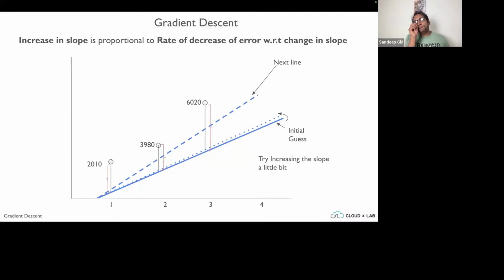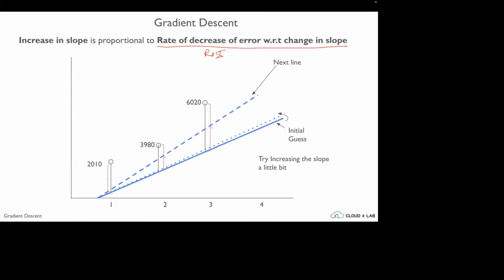Meaning, by increasing the slope a little bit, if we got a good value in return, you can think of it as return on investment, ROI. We put in a little investment, we got a good return, so we should take our next step in proportion to how much return we are getting. Is this clear?